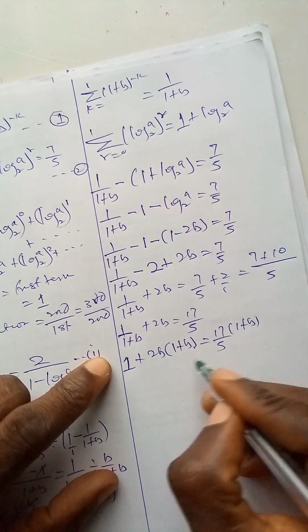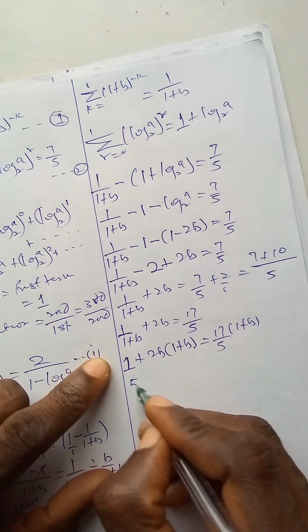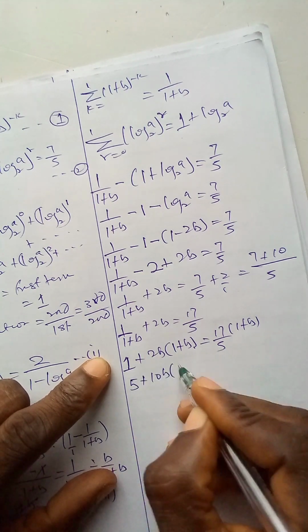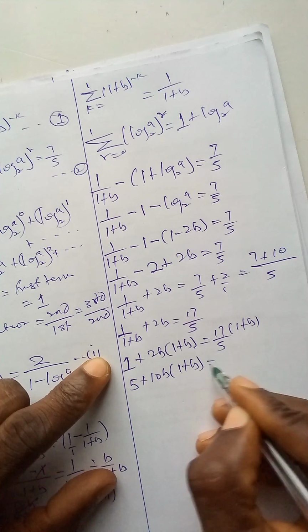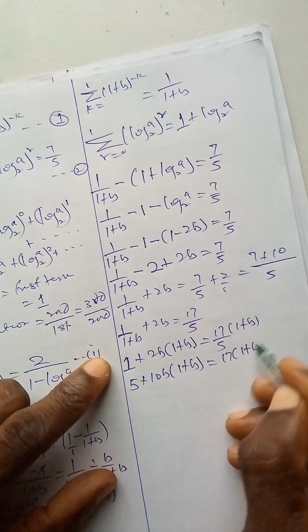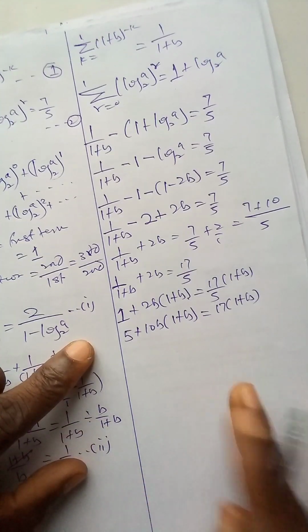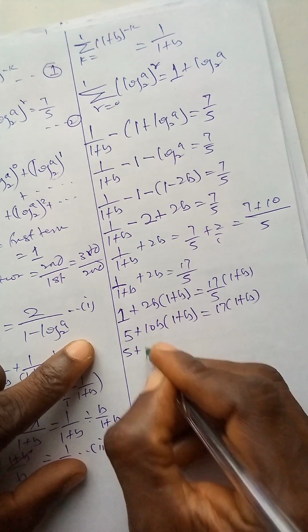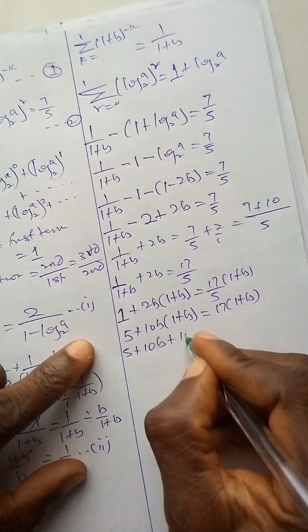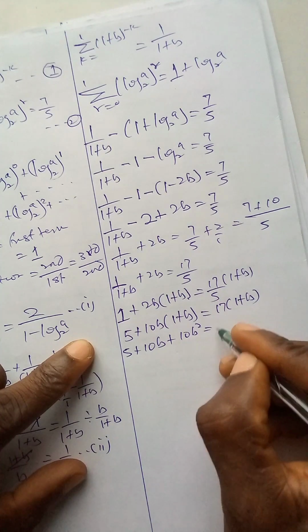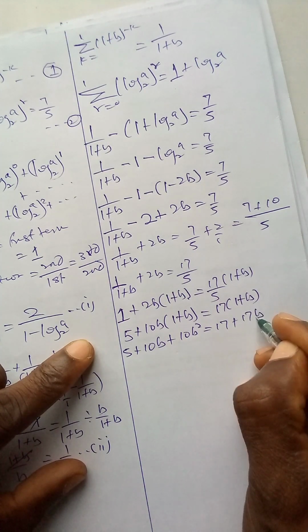Now, if I also multiply through by 5, I'll have 5 plus 10b, 1 plus b is equal to 17, 1 plus b. Let us now open the brackets. So 5 plus 10b plus 10b squared is equal to 17 plus 17b.